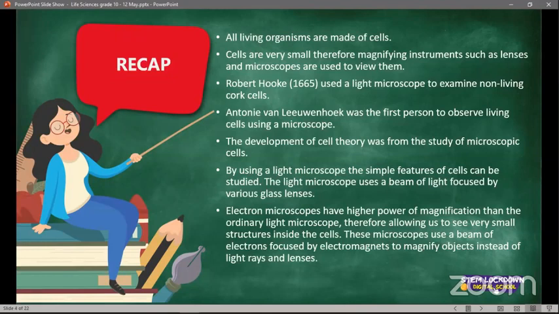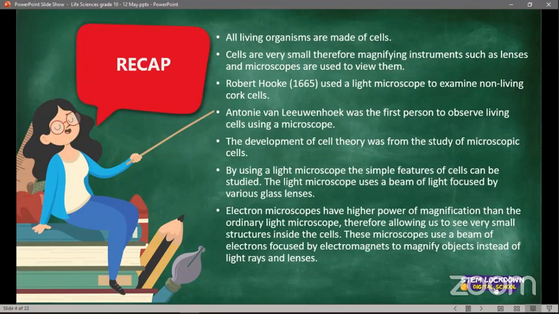Now, the electron microscope uses a beam of electrons focused by electromagnets to magnify objects instead of light rays and lenses. So we mentioned two types of electron microscopes, but we actually have more than two. And we said these two are the scanning electron microscope, abbreviated as SEM, and the transmission electron microscope, which is denoted by TEM in its abbreviated form.